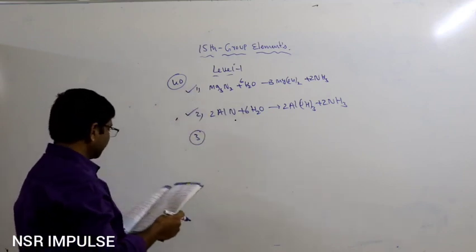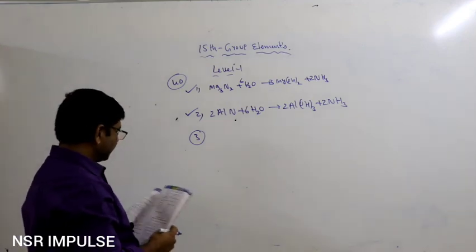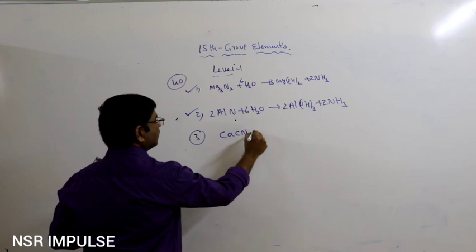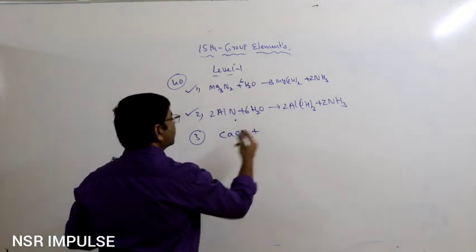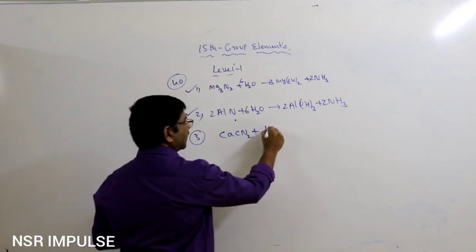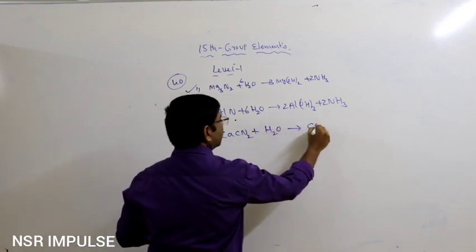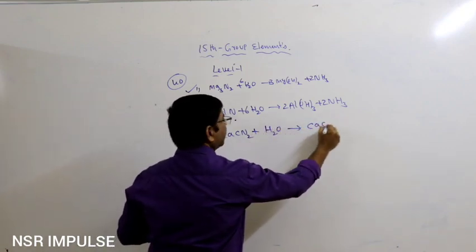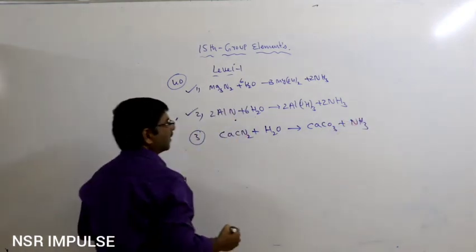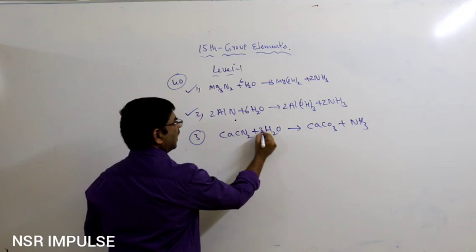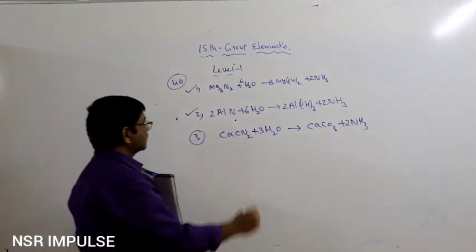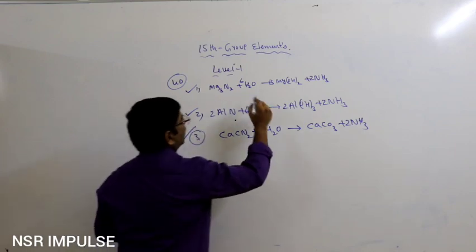Third option is given. What is the third option? CaCN2. You know the cyanamide process. CaCN2 reacts with water to form calcium carbonate and ammonia. Check it. All are balanced equations, so this is also correct.